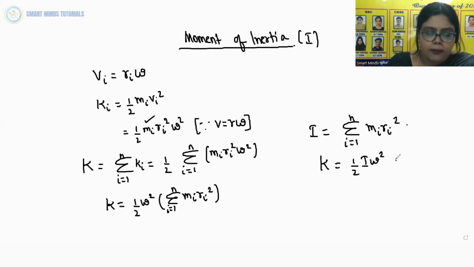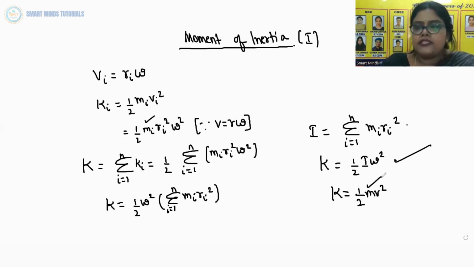Now if you compare this equation for the kinetic energy of a rotating body with the expression for the kinetic energy of a body in linear motion, linear motion is translational motion, we get K is equal to half m v square. Here m is the mass of the body and v is its velocity. We have already noted that there is an analogy between angular velocity omega and linear velocity v.